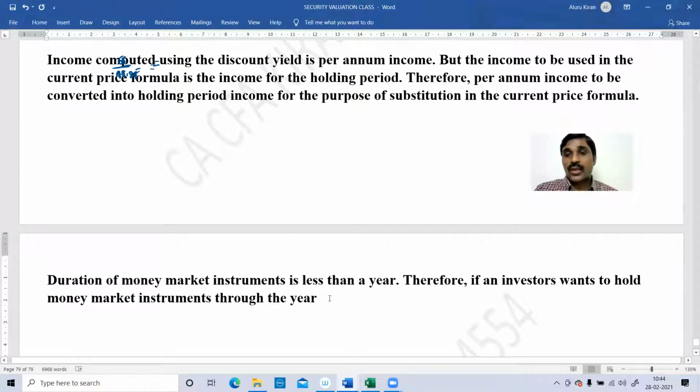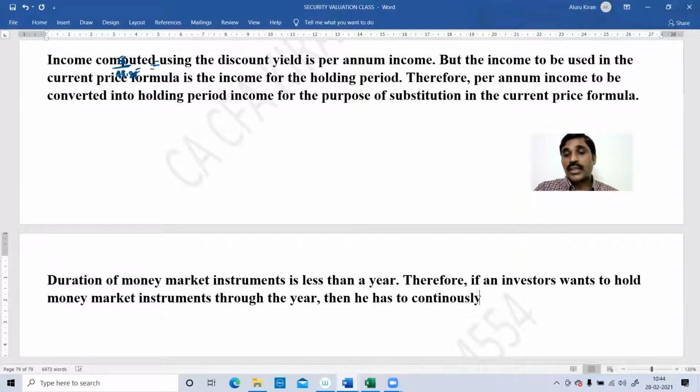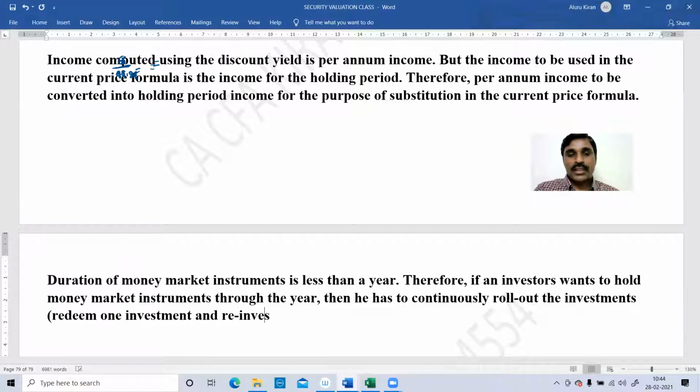He has to continuously roll over the investments, that is, redeem one money market instrument and reinvest in another instrument, because the maturity is less than 1 year.